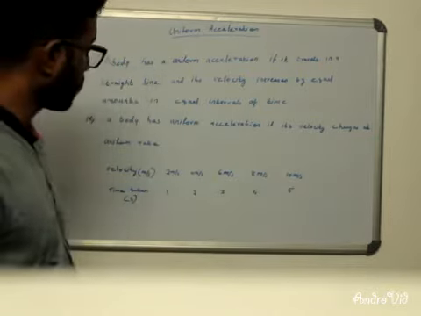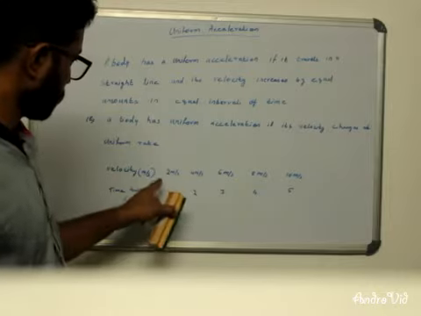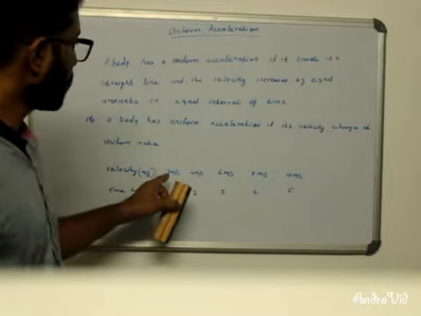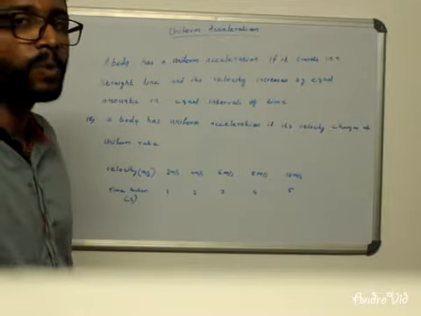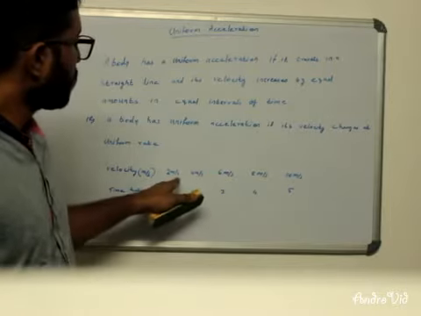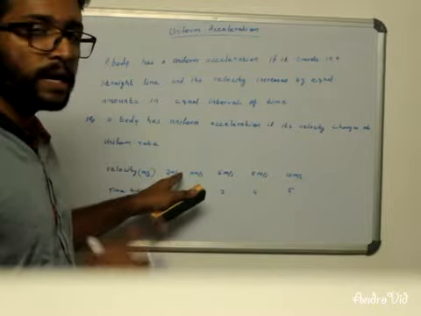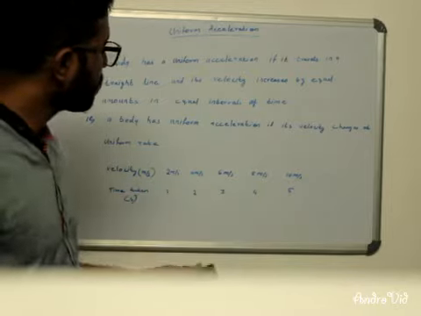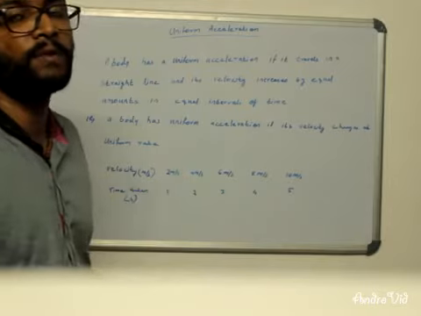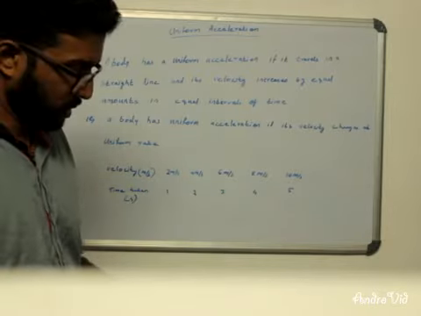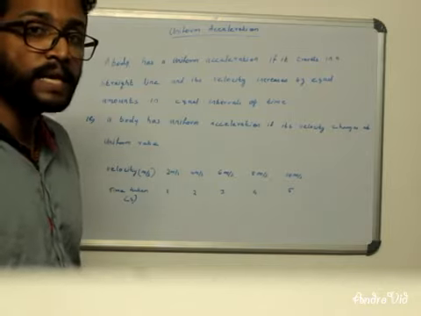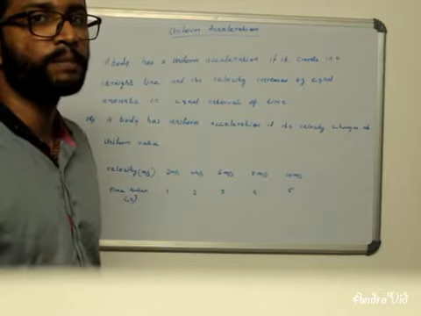So here you can find that at each 1 second there is an increase in velocity. The velocity of the object is increasing by 2 meter per second.